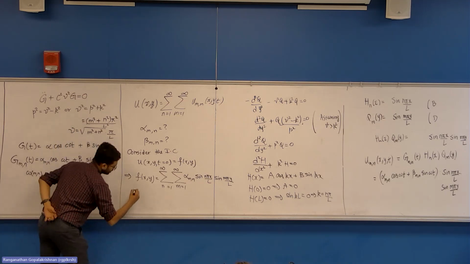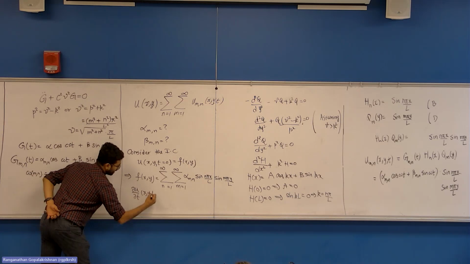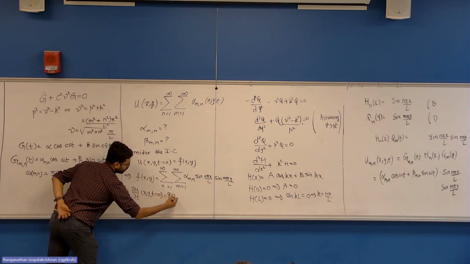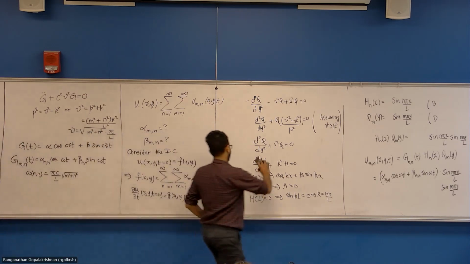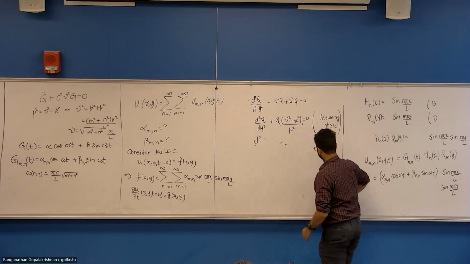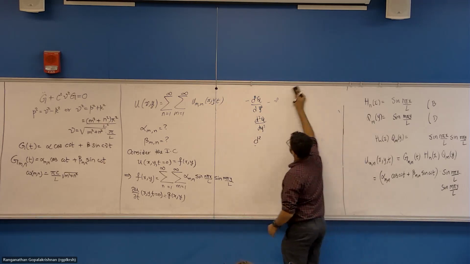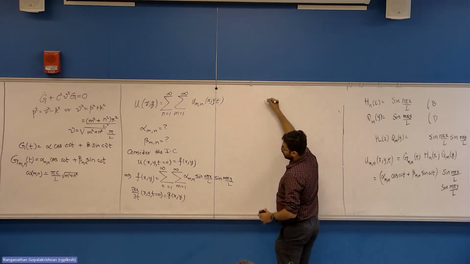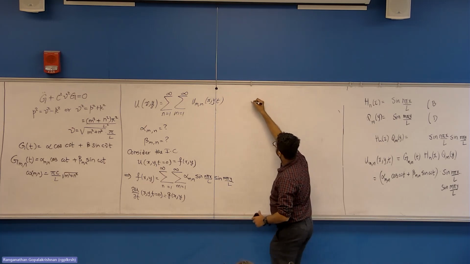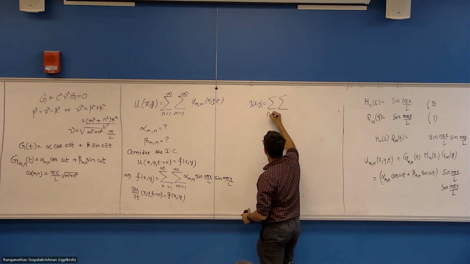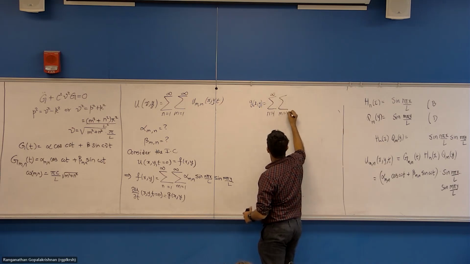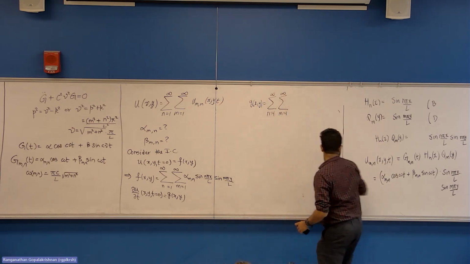And the other initial condition is partial u over partial time at time 0 is g of x comma y, the initial velocity. So we'll write g of x comma y is equal to the summation.